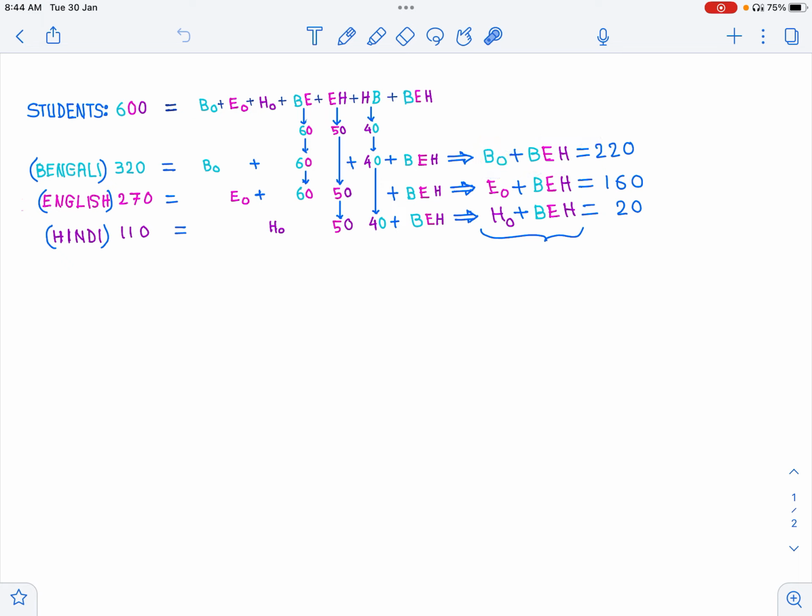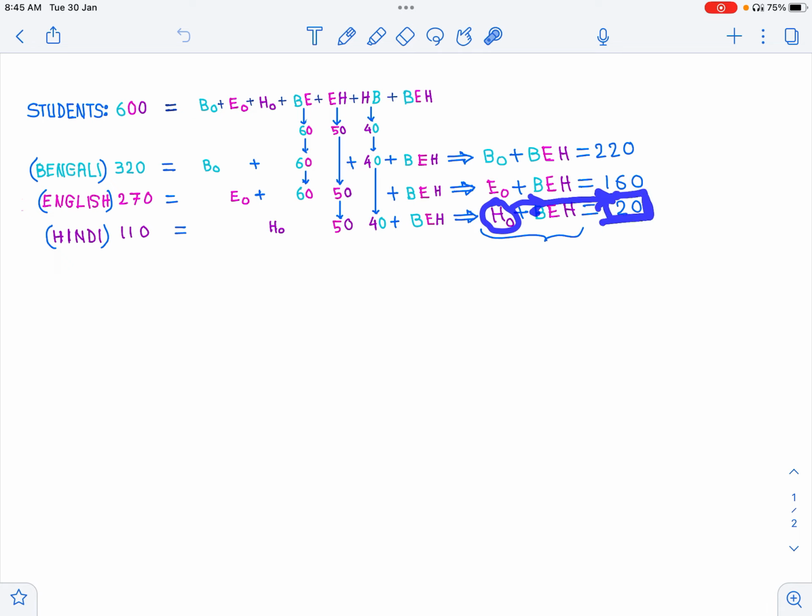and then when we include the students who learn only English, along with those students who learn the three languages, then the number comes to 160. And when we add those students who learn only Hindi along with the students who learn three languages, then the total number would come to 20.